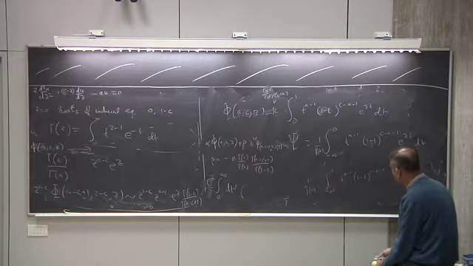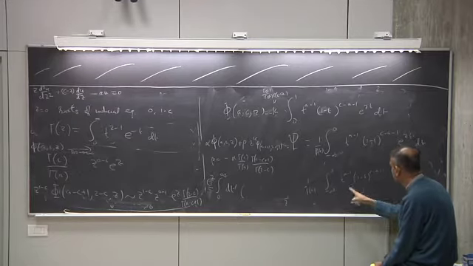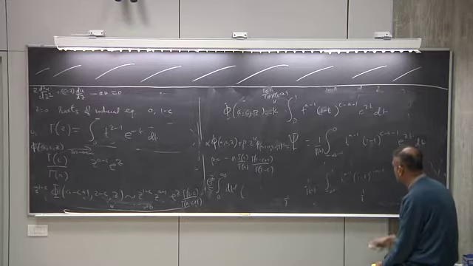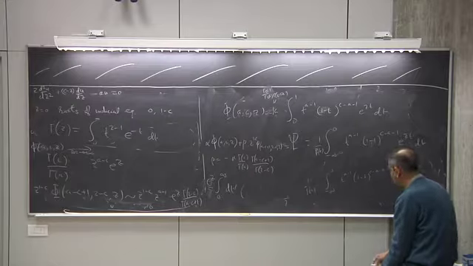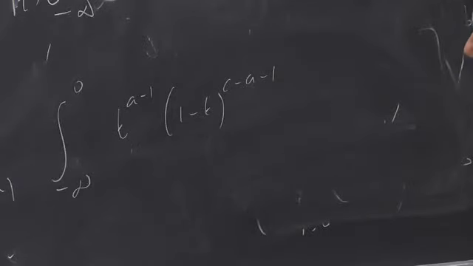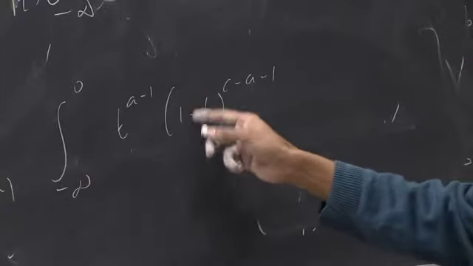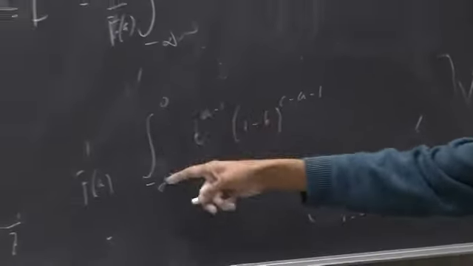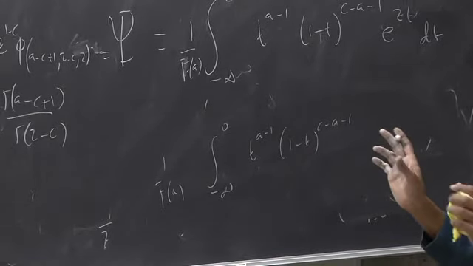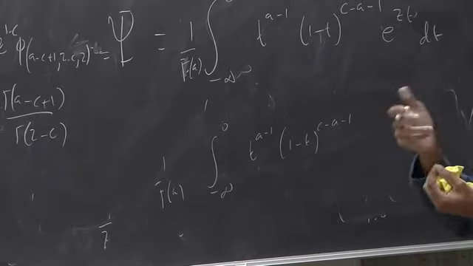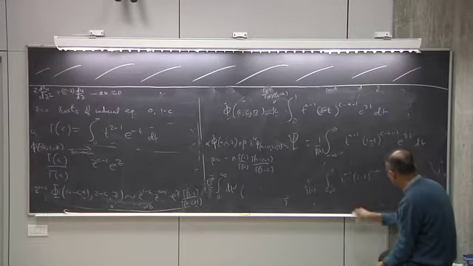How shall we do it? If you have 1 over t, infinity will be mapped to, no, that is no good. Or you can split this integral. First of all, change a variable, make it 0 to infinity, and then split the integral from 0 to 1 and 1 to infinity. And then from 1 to infinity, you take t to 1 over t, which again maps to 0 to 1. But I think it should be possible to directly do it.